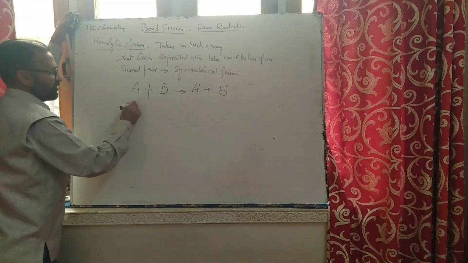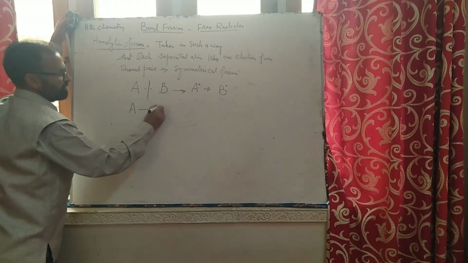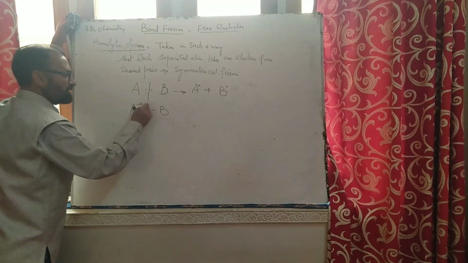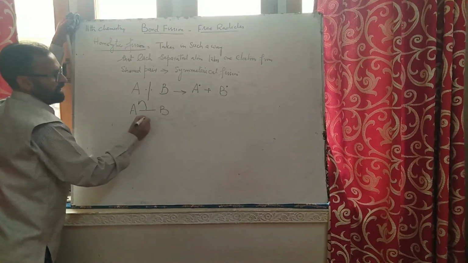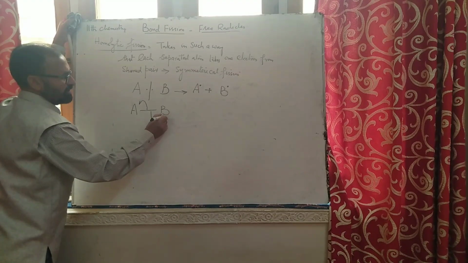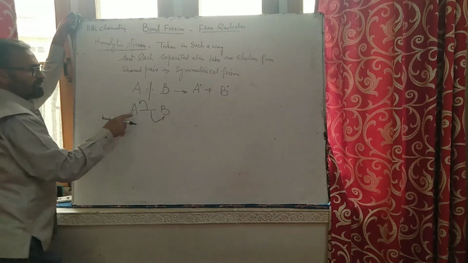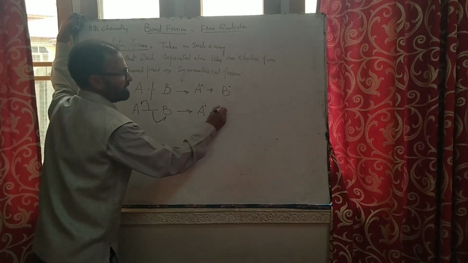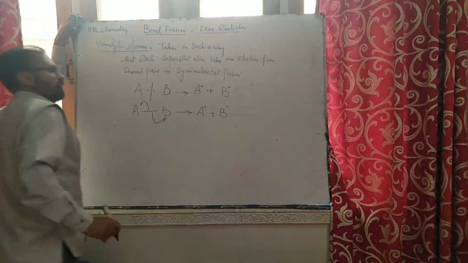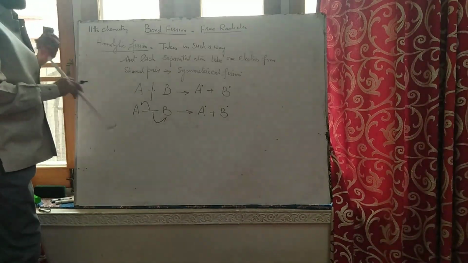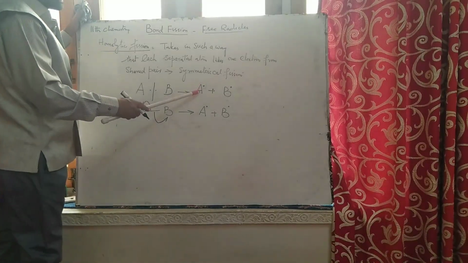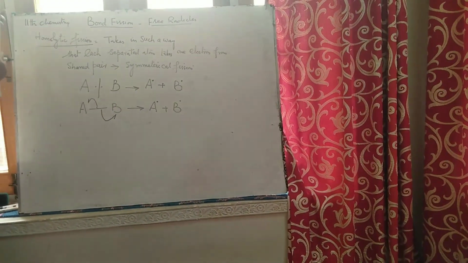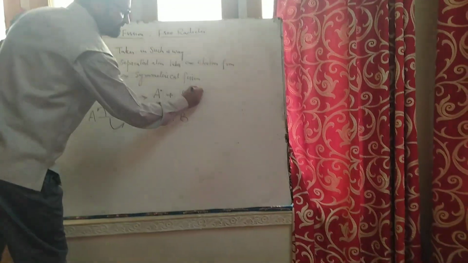I will show it in another way. We will show bond fission: one electron is taken by this atom, which we show by a half arrow, and another electron by the other half arrow. That means one electron is taken by one atom and another electron is taken by the other atom. Now here we see the species which are formed, A and B. Each species has one electron, or we call it an odd electron.